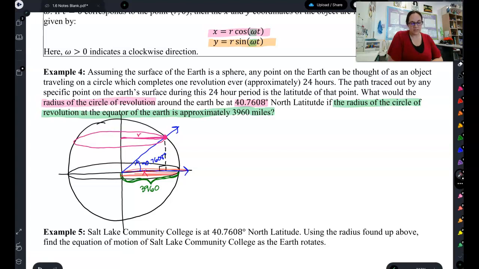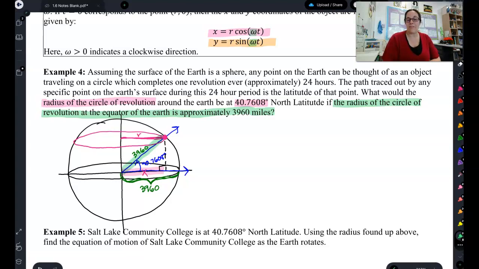So if this is 3,960, then this will also be 3,960. Now I have a right triangle. Here's my right triangle. So I have the x side, that's what I'm trying to find, and I've got the radius, that's what I have.